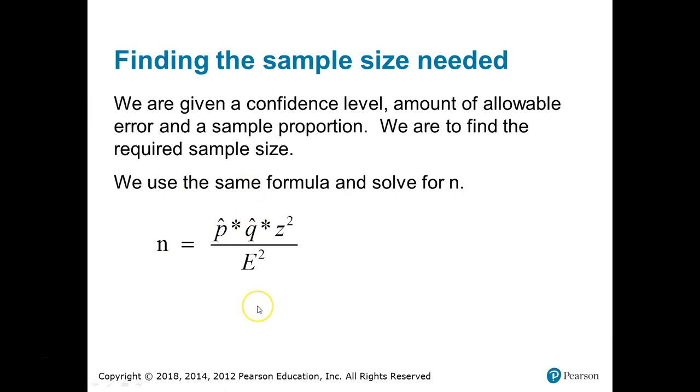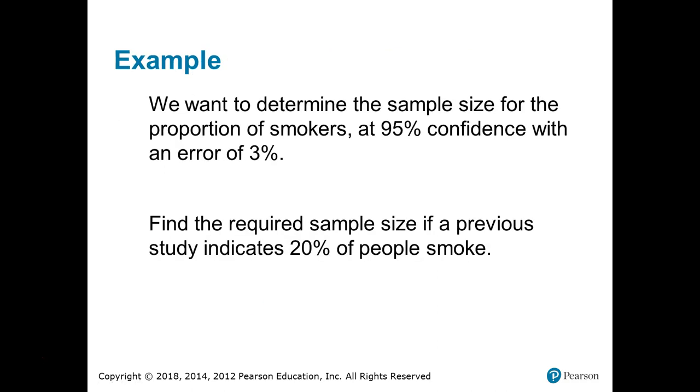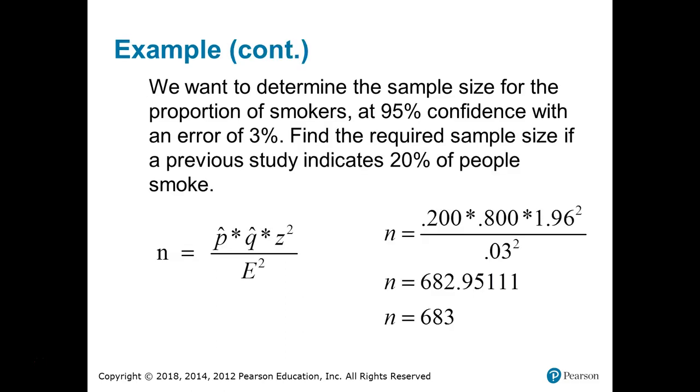So we work backwards, and we use the formula to now solve for n. So we want to determine the sample size for the proportion of smokers at 95% confidence with an error of 3%. Find the required sample size if a previous study indicates 20% of people smoke.